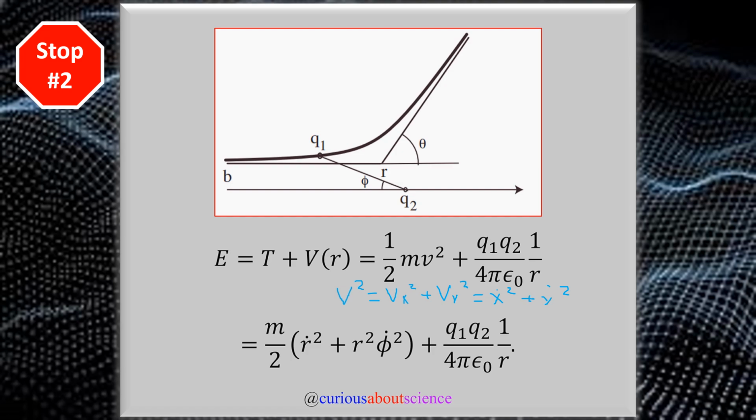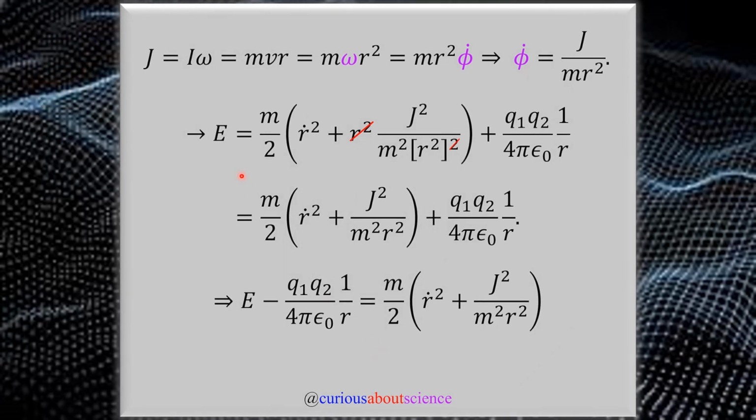Thankfully, we have another trick for that, thanks to conservation of angular momentum. With that, we have to be careful about its definition and what we're trying to accomplish here. We could use I omega, or substituting in I, we have mvr, and if we substitute in for v, we have omega r, so that gives us m omega r squared.